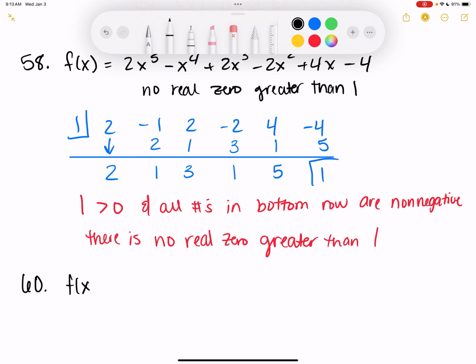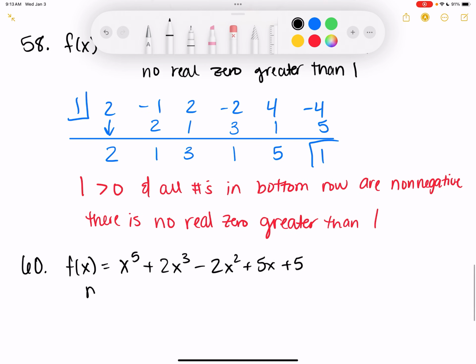Number 60, f of x equals x to the 5th plus 2x cubed minus 2x squared plus 5x plus 5. And it says that there is no real zero less than negative 1.